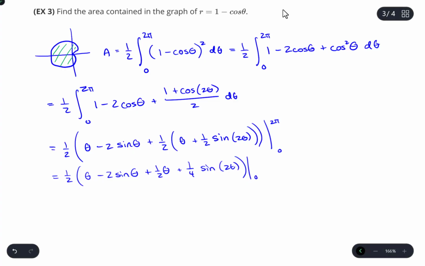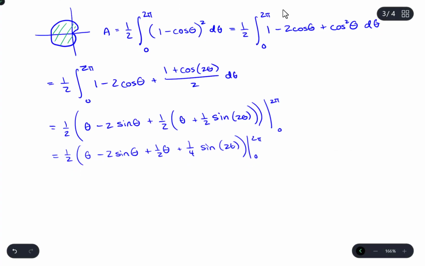And theta plus 1/2 theta would be the same thing as 3/2 theta. So 1/2 times 3/2 theta minus 2 sine theta plus 1/4 sine of 2 theta.